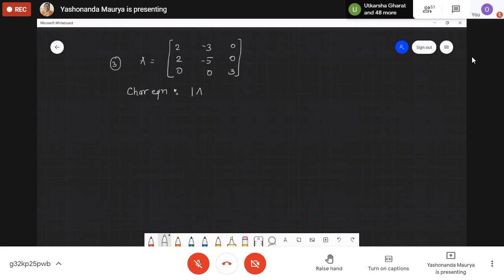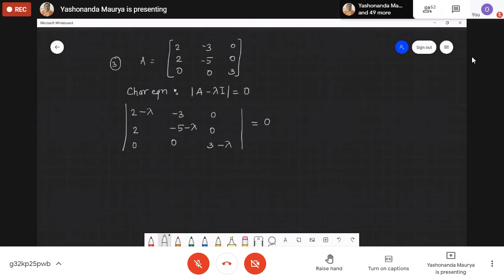This is nothing but determinant of A minus lambda I is equal to 0. Put those values: 2, 2, 0, minus 3, minus 5, 0, 0, 0, 3, with minus lambda on the diagonal. The determinant of this is equal to 0. Now how do we simplify this one?